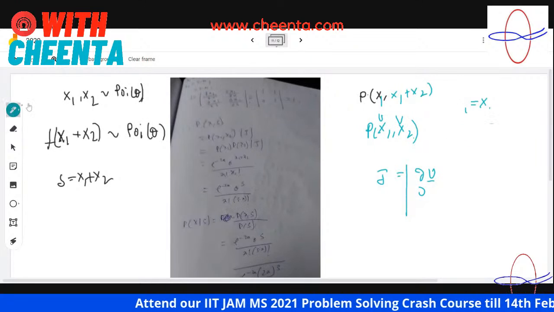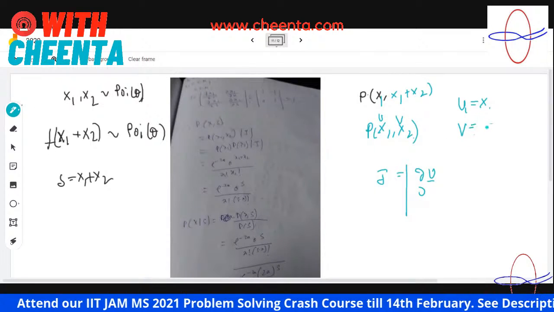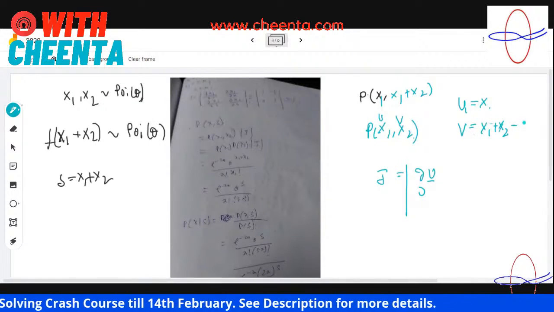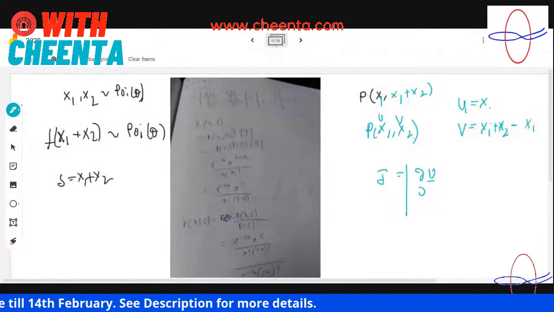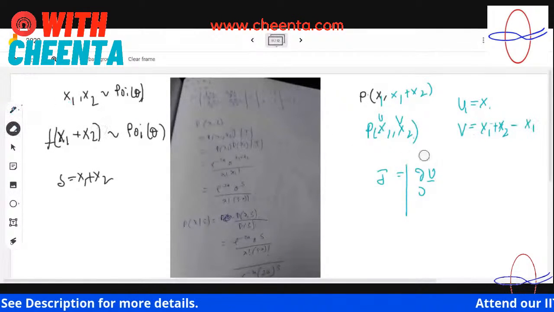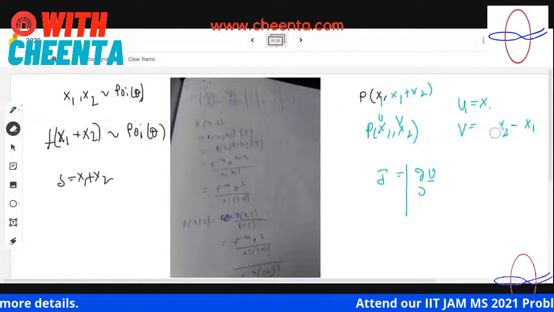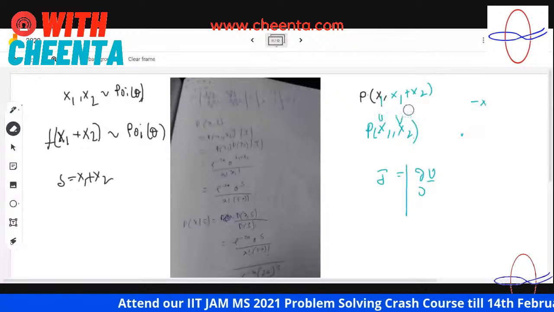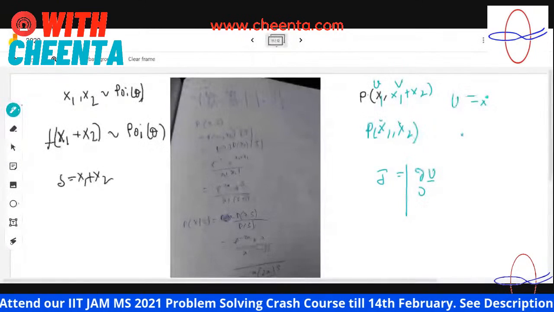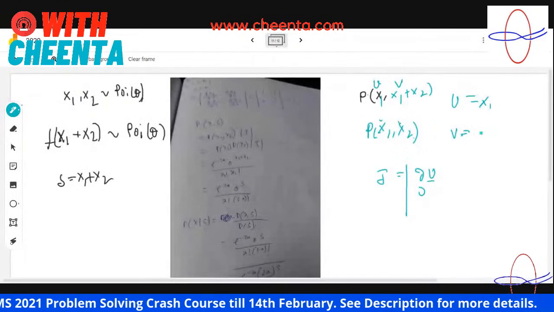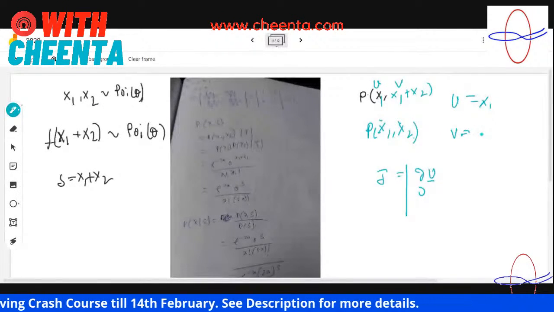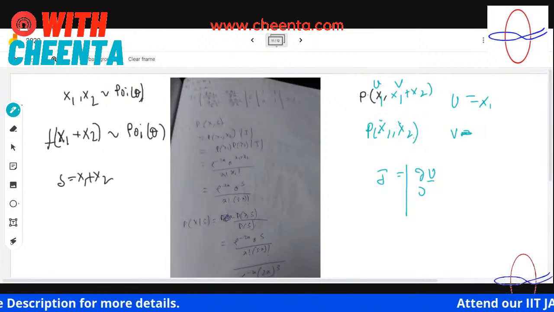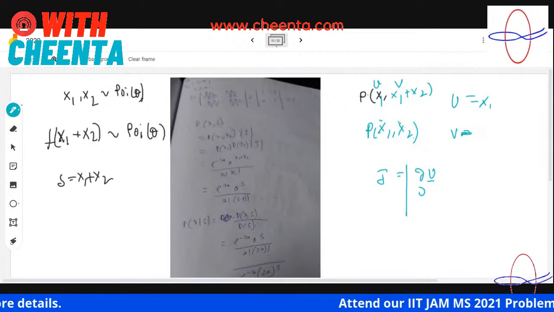Here u is equal to x1 and v is x1 plus x2, so v minus u is equal to x2.